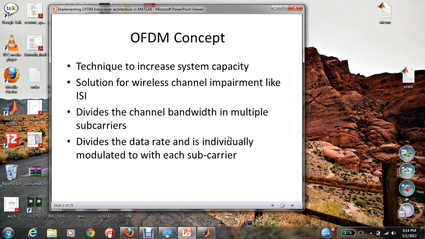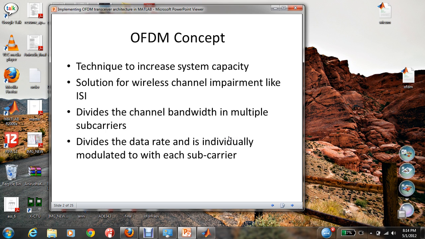So this is what intersymbol interference is, and OFDM helps us to avoid these kinds of wireless channel impairments, thereby increasing the wireless system's capacity, and it is mostly used nowadays in 4G systems.